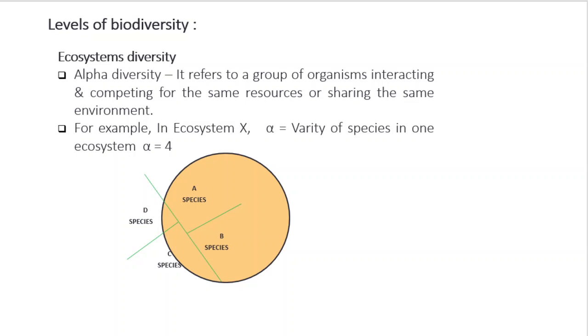So let's start with the first one, alpha biodiversity. Diversity within a particular area, community, or ecosystem, measured by counting the number of taxa within the ecosystem, is nothing but alpha biodiversity.